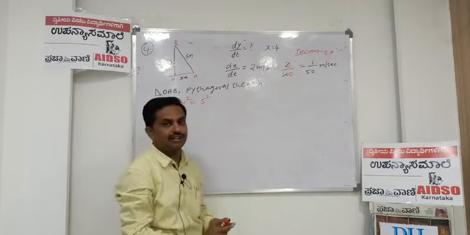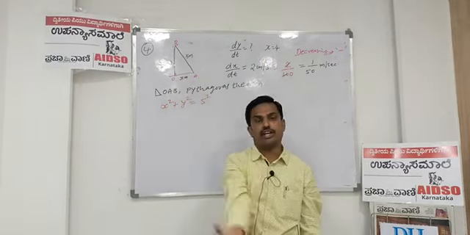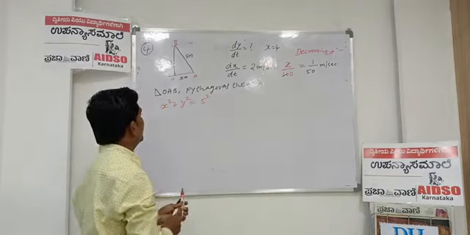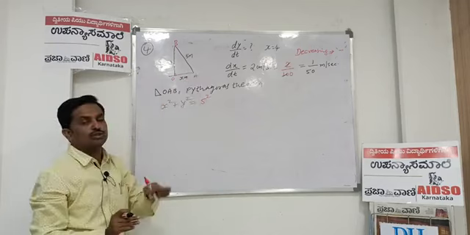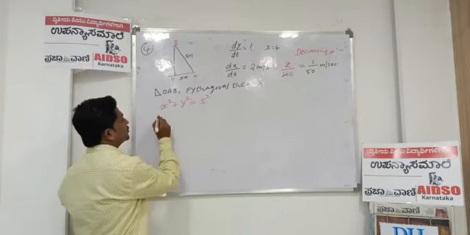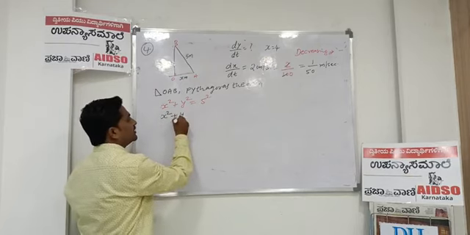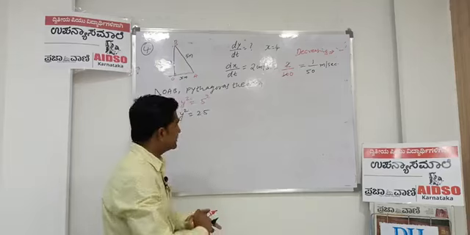Of course, you can take it as OA square plus OB square equals AB square, but here I have directly substituted their values: x square plus y square equals 5 square, which equals 25.